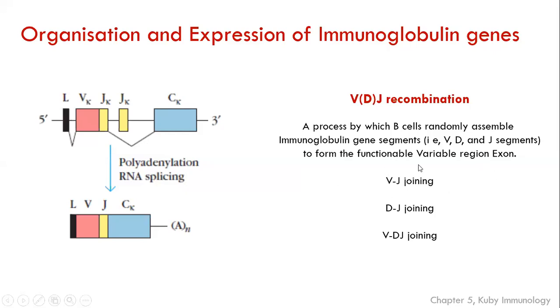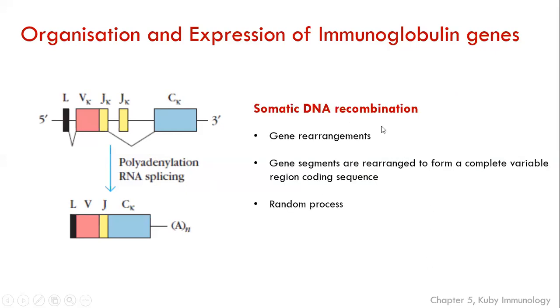That can be formed by VJ joining, DJ joining, VDJ joining. We will see that in further slides. And one more is called somatic recombination. The term is important, where the segments of the genes can be rearranged to form a complete variable coding region, and this process is called somatic recombination.